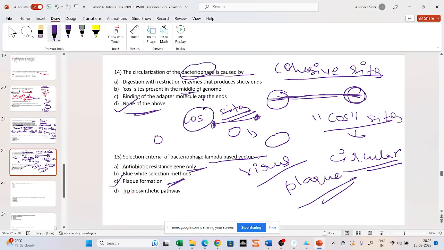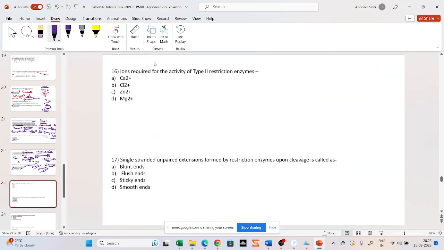Okay. Now next question is ions required for the activity of type 2 restriction enzymes are. What kinds of ions are required for type 2 restriction enzymes? Think.